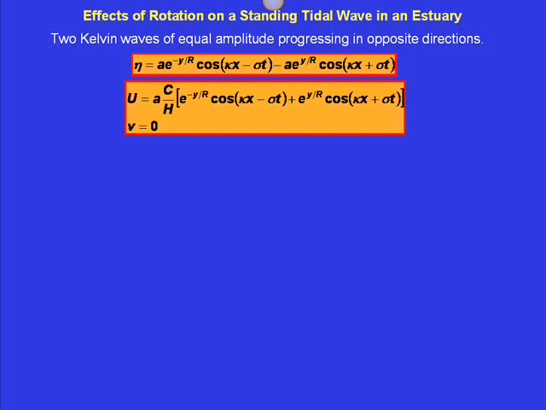And now instead of having lines of no motion, like the nodes in the standing wave, we are reduced to a central region, which is called the amphidromic region, where the elevation doesn't change or changes very little. So there's no motion at that amphidromic region. So the interference of two geostrophically controlled simple harmonic waves, which are these two, produces a change from a linear standing wave to a rotary wave. So we have now a rotary wave. See if you can see a rotary wave.